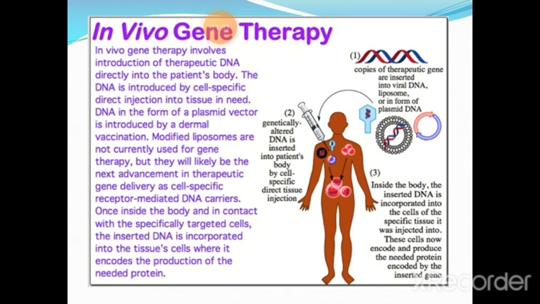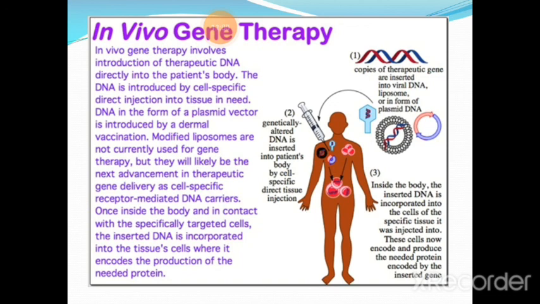So what exactly is done in in vivo gene therapy? See, the copies of the therapeutic gene, that means good genes, are inserted into either viral DNA or into liposomes or in the form of plasmid DNA, and later the genetically altered DNA is inserted directly into the patient's body by cell-specific direct tissue injection.